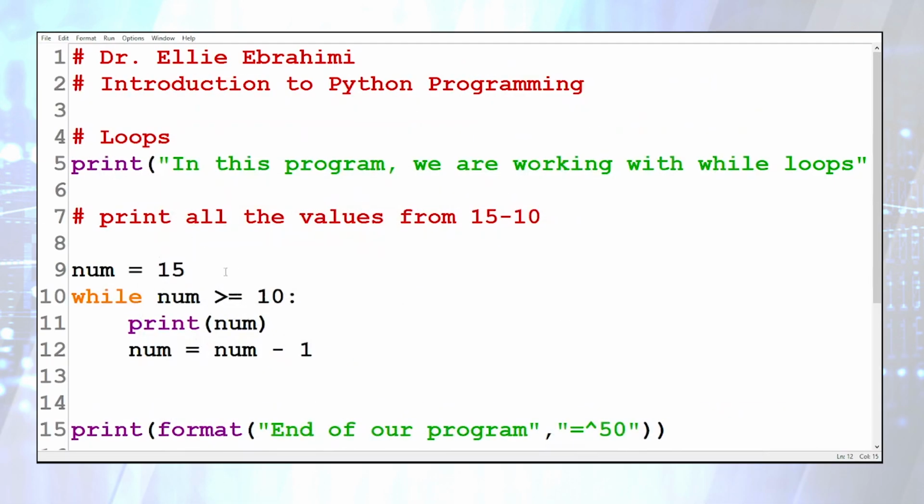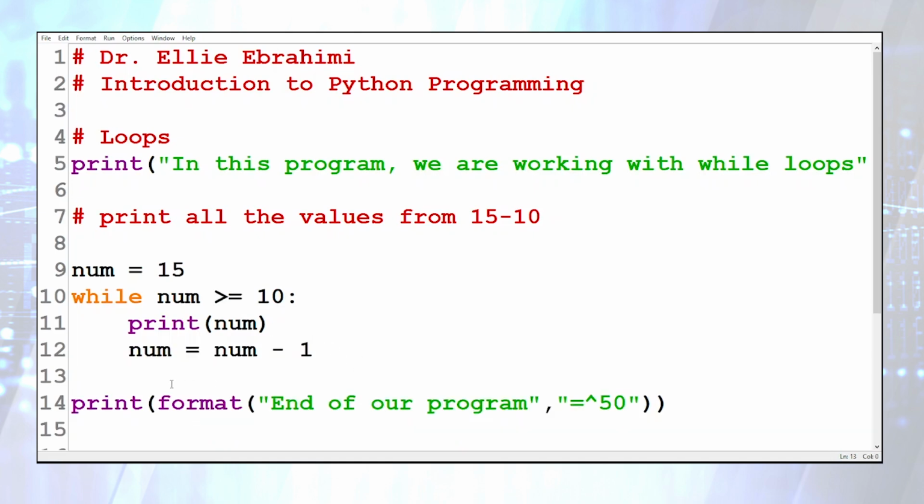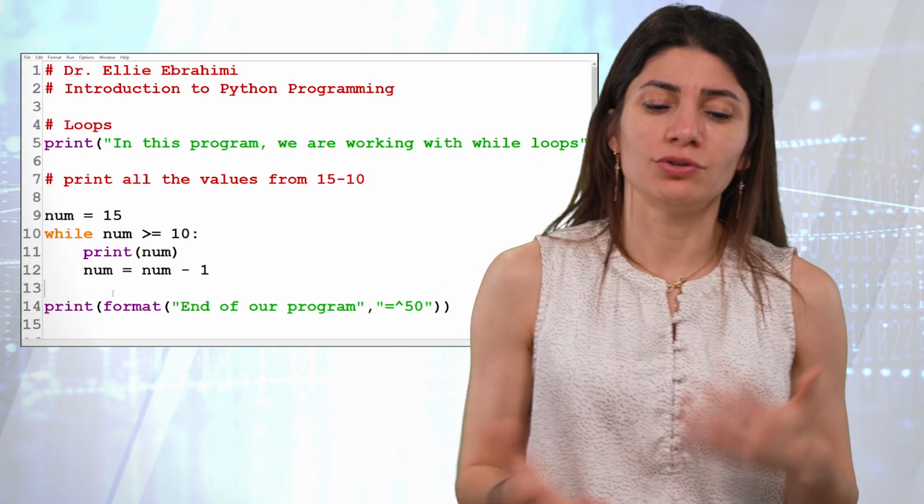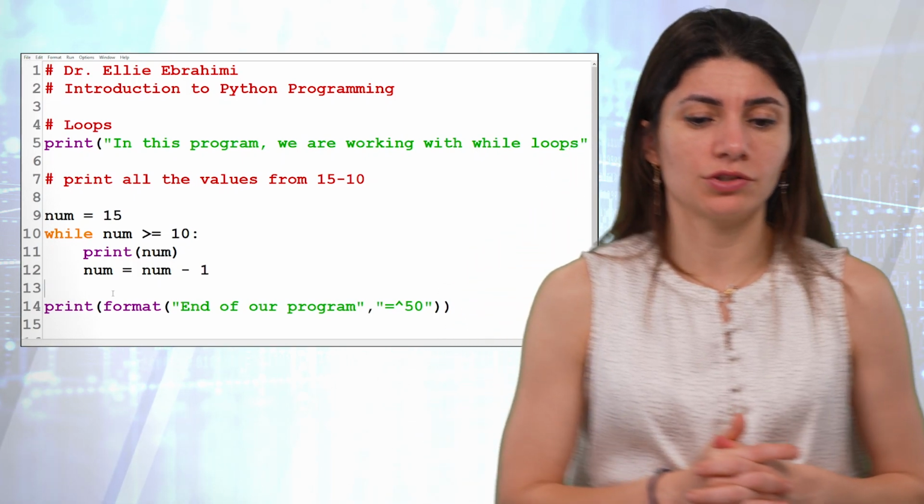So, yeah, you changed your start and end value. You changed the operator to make sure you have the right condition there. And then you need to change your operator here to decrement to get closer to the smaller value that you had. Okay, you see, you can change them to different problems and solve them.